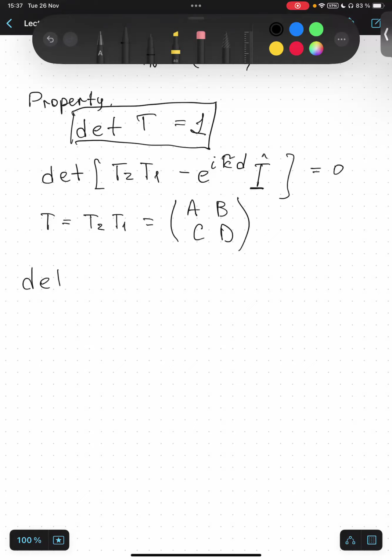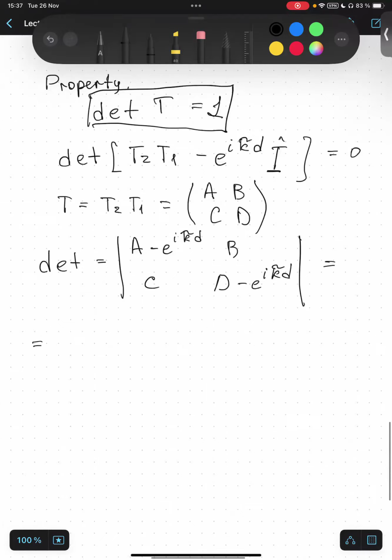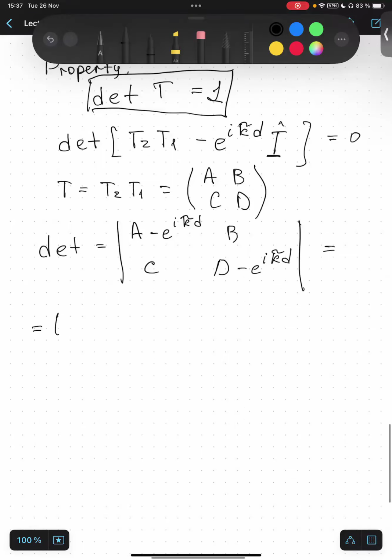So we can rewrite the determinant: A minus e to the i k d, B, C, D minus e to the i k d. Let's expand it. I hope everyone knows how to do it.